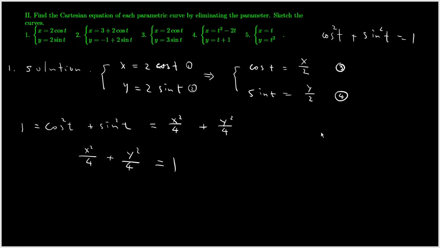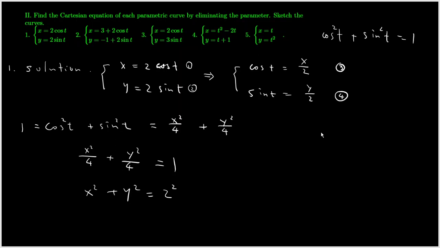But in order to make it easier to see the shape of the curve, I'm going to rewrite the equation in the following form: x squared plus y squared equals 4. I'm going to rewrite 4 as 2 squared. At this point, I guess many of you can tell me the shape of the curve. So what is the shape of the curve?